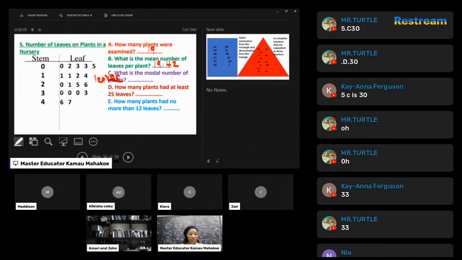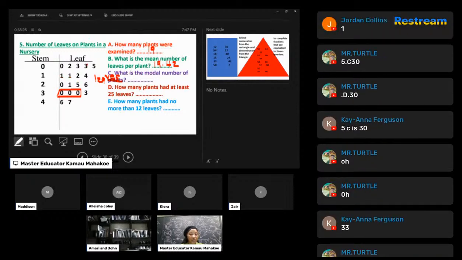We have 3 30s. These 3 zeros here are not zeros, it's 30, 30, 30. So we have 3 30s, we have 2 11s, we have 2 3s, but 3 30s. So 30 is the modal number of leaves.